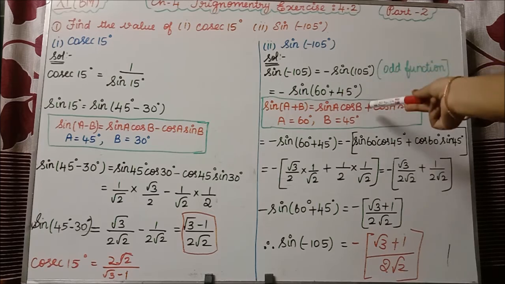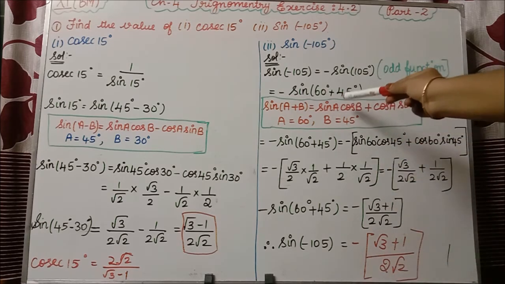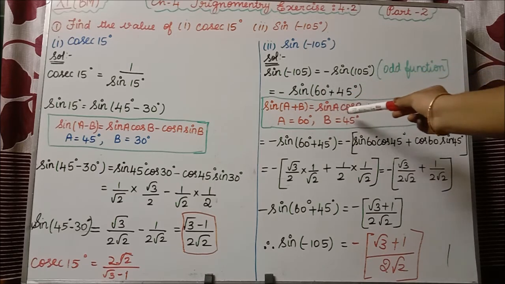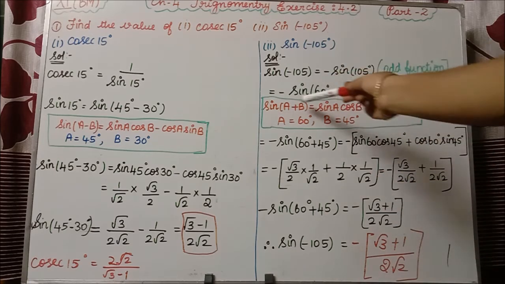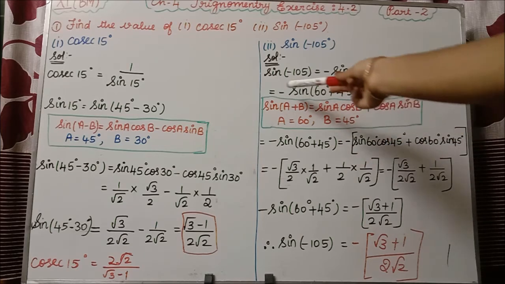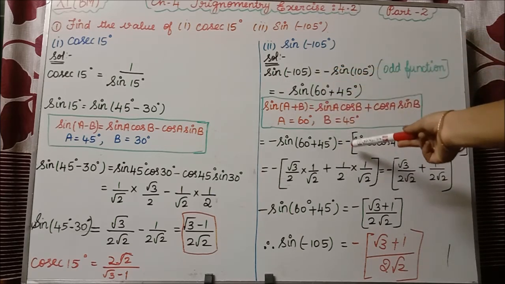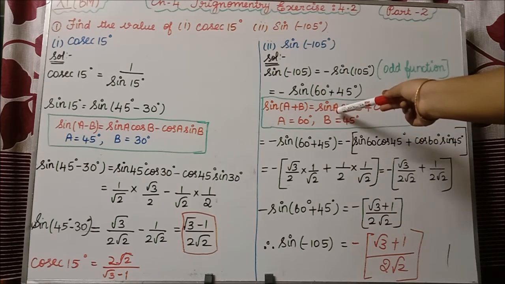Sine A cos B plus cos A sine B. Clear? Instead of A we are having 60 degree, instead of B we are having 45 degree. Clear now? Now I am going to expand sine 60 degree plus 45 degree. I am going to expand that, the minus I have written outside here. Bracket, sine A. Instead of sine A what we are having?